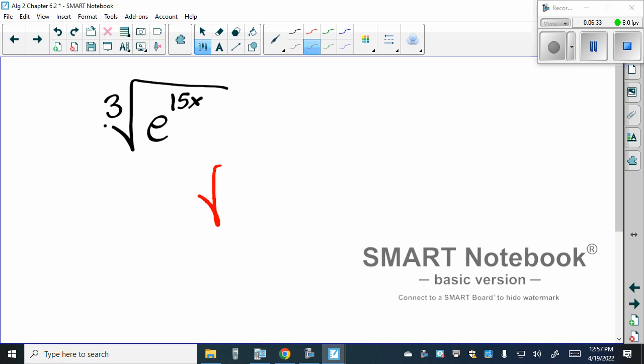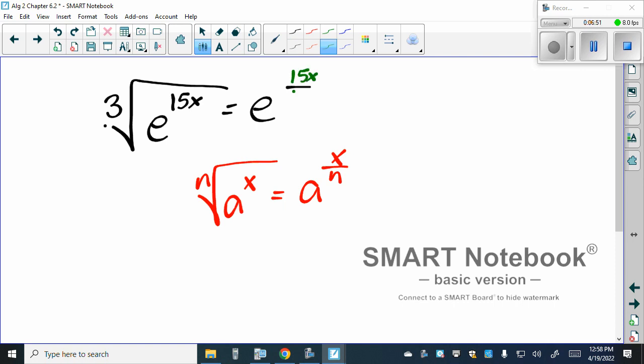Now, one way we can look at this is going back to our last chapter. The nth root of a to the x is the same as a to the x over n. So if we rewrote this, we would have e to the 15x over 3.